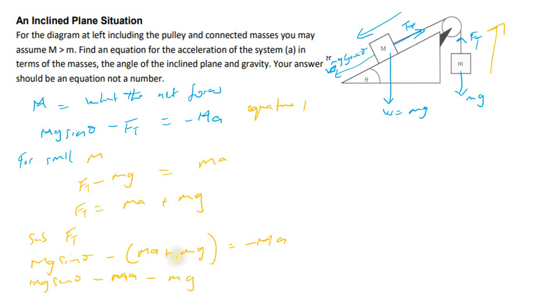I had something incorrect right here, so yes, this would have been a minus right here.